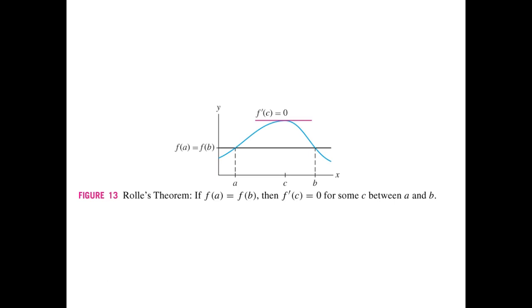That's because if these two have the same values and it's a smooth continuous function, it's either going up and coming back down, and there has to be some place where the first derivative at c is 0, because it's got to be parallel to that.